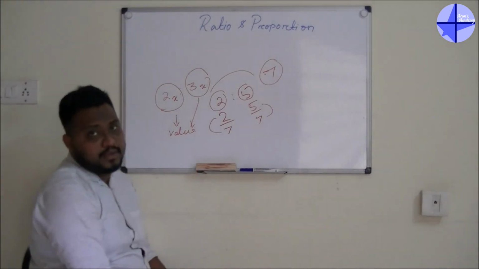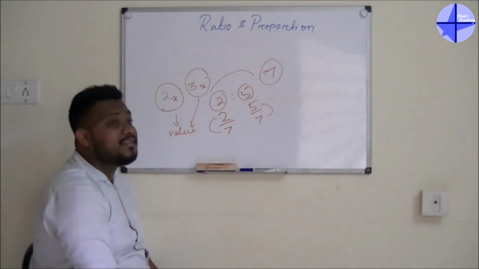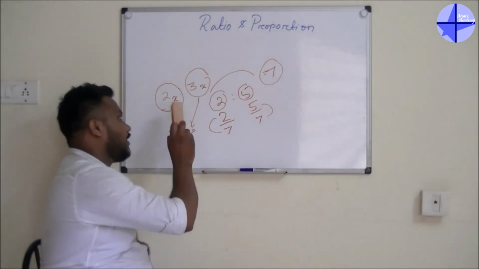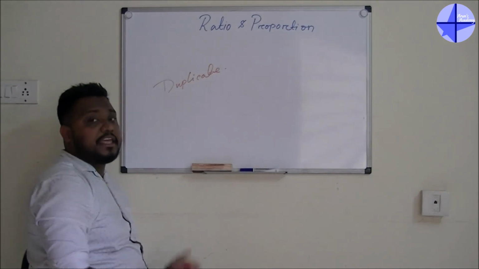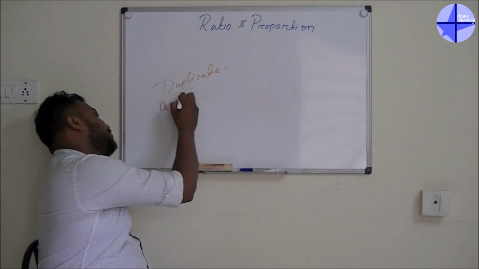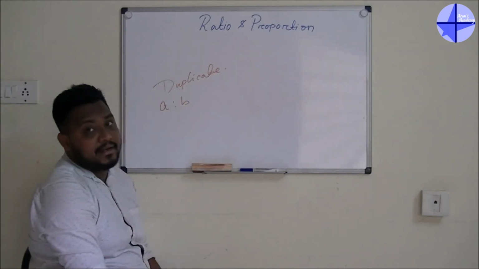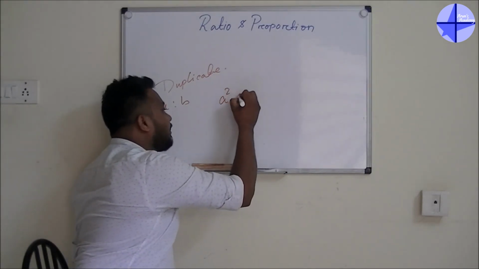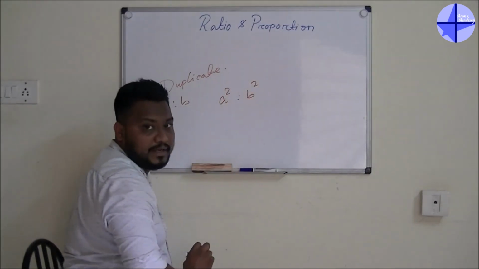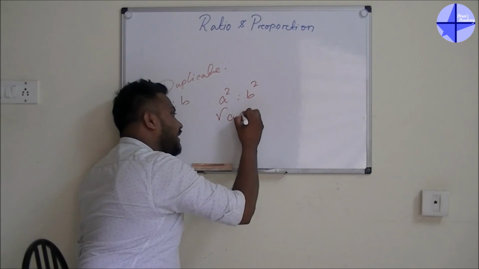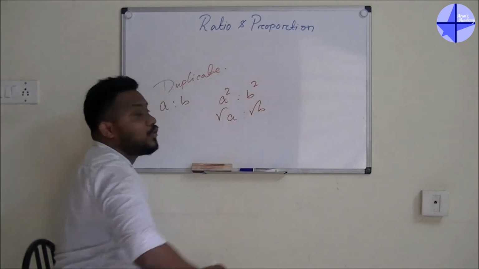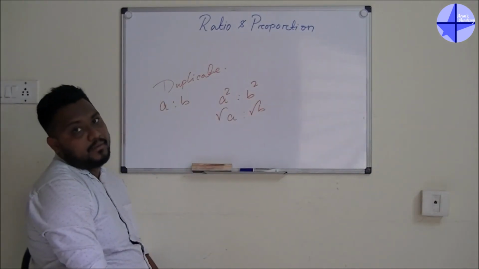Now the next one, the duplicate ratio. What is the meaning of duplicate ratio? Guys, remember one thing: if A is to B is the real ratio, then A square is to B square is a duplicate ratio. The square root of A is to square root of B is also a duplicate ratio.